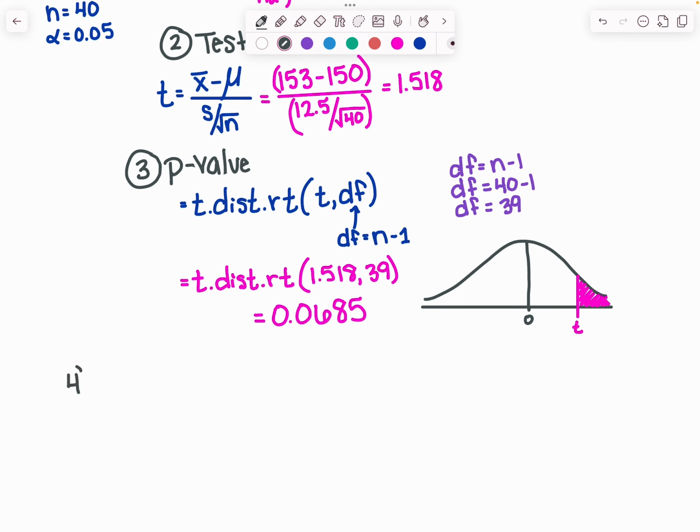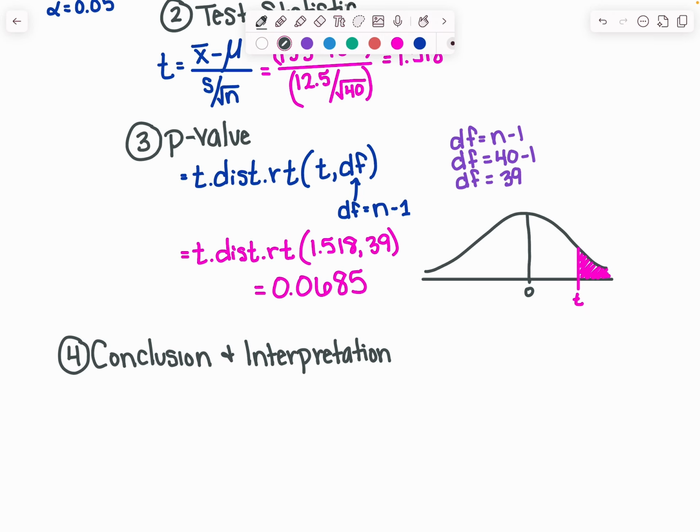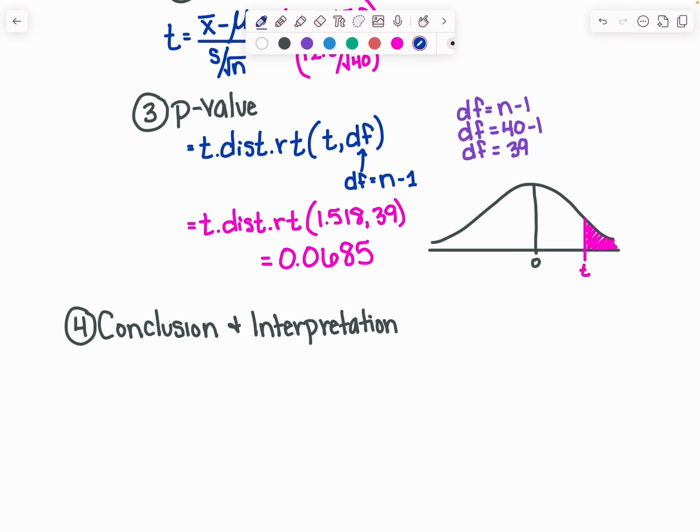So then step 4 is to write out my conclusion and my interpretation. So for my conclusion, I need to answer the question, is the p-value less than the alpha?